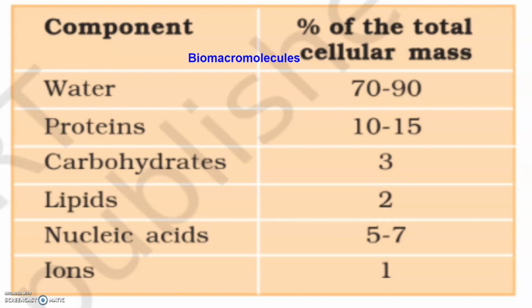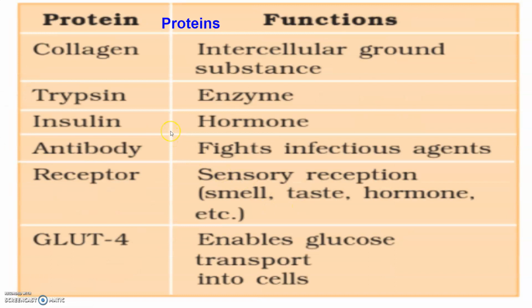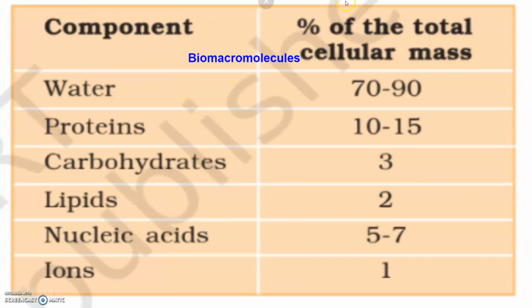The chemical composition of living tissues, from an abundance point of view, if we arrange them class-wise, is in the form of these, as in the previous slide we have seen: water, proteins, carbohydrates, lipids, nucleic acids and ions, with an exception of lipids.